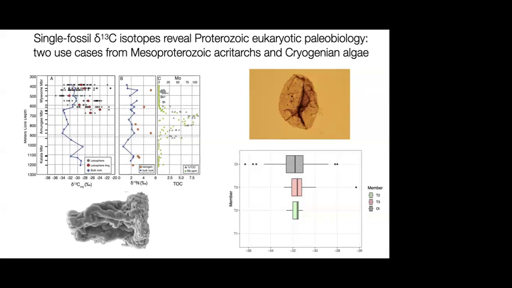Complex carbohydrates are often hypothesized to be a major component of some organic-walled microfossils, and carbohydrates tend to be isotopically heavier compared to other types of organic matter. I wonder if you'd thought about that at all.